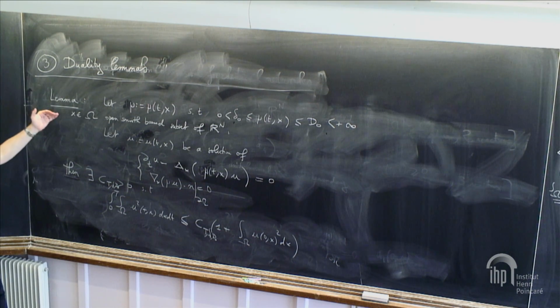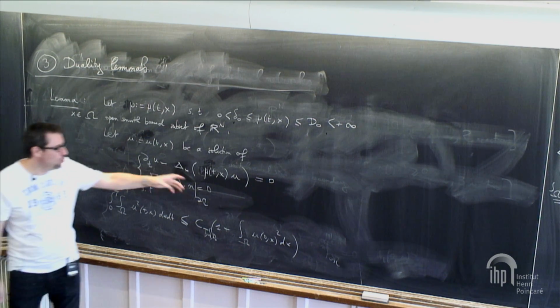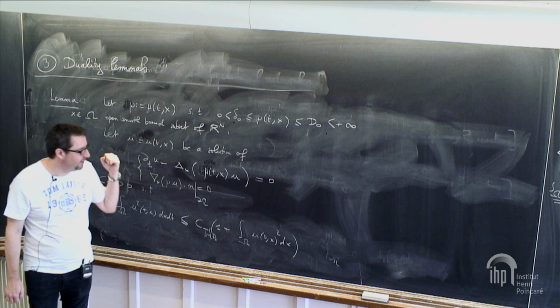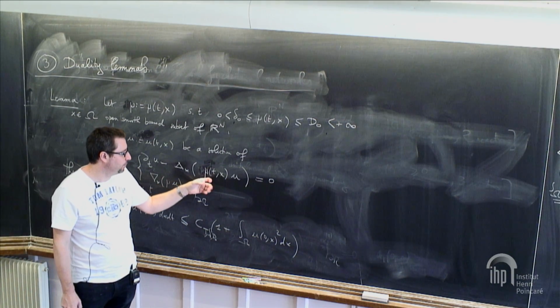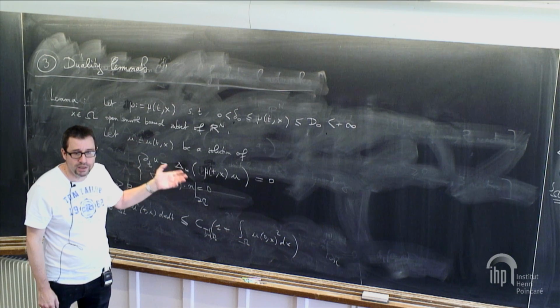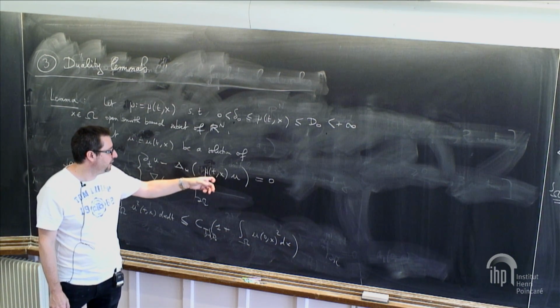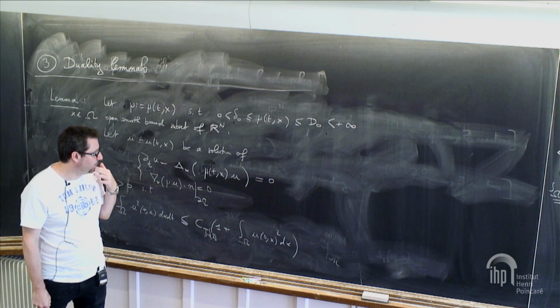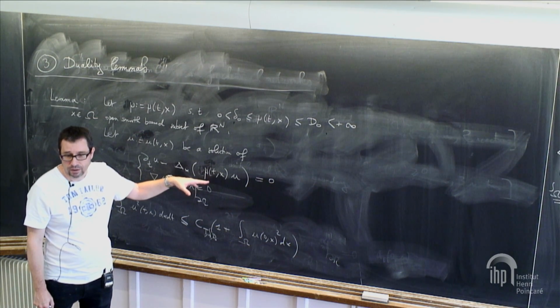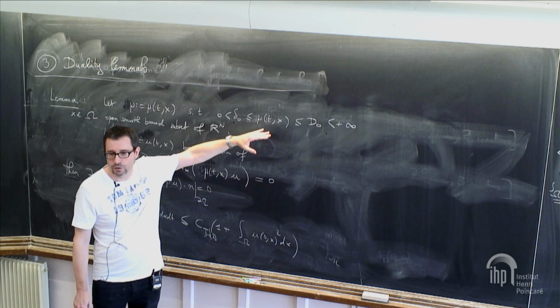Now this lemma looks very strange because the point is that since mu is inside the Laplacian, if, for example, you try to put it between the divergence and the gradient, you will have, in some sense, to take the derivative of mu, and you don't suppose anything on the derivatives of mu.